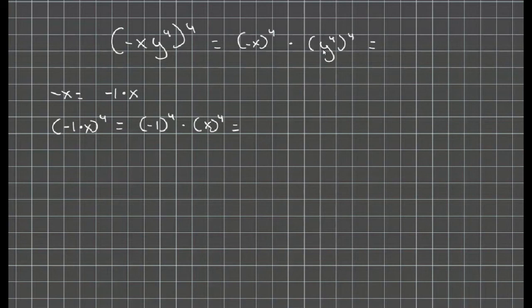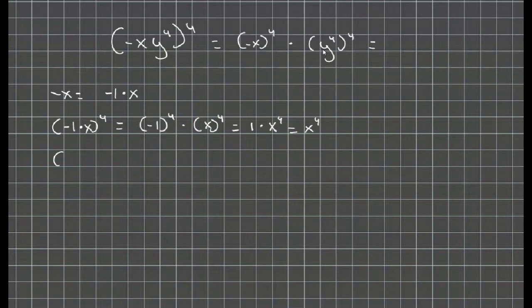Well, minus 1 times minus 1 times minus 1 times minus 1, 4 times minus 1 means 1. And x to the power 4, I can just write down like this. And I can leave out the 1, so I get x to the power 4. Was already a bit tricky, right?